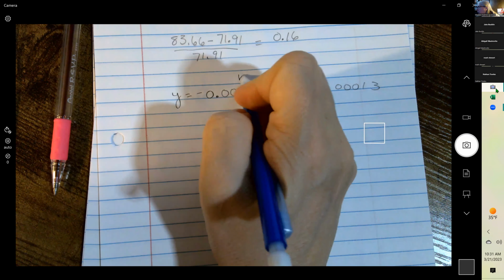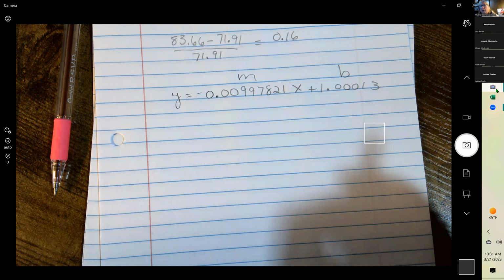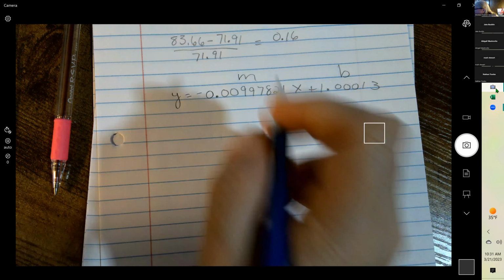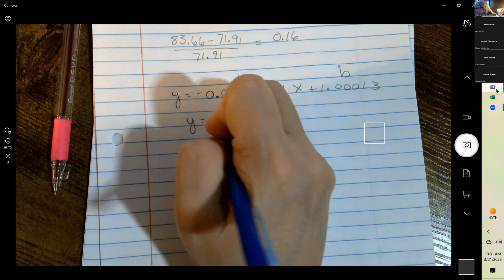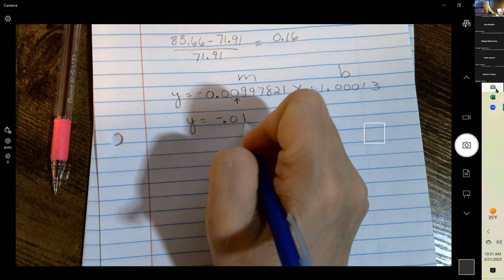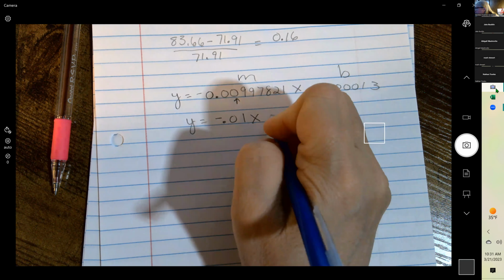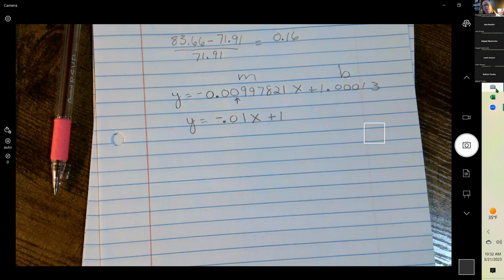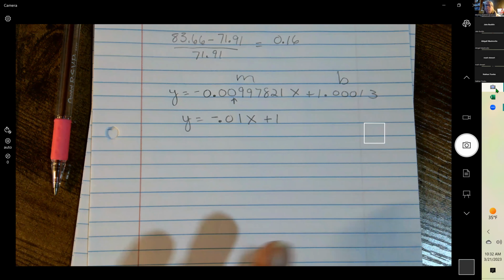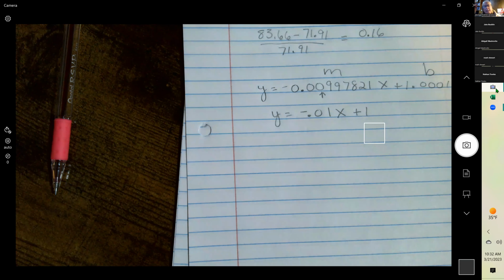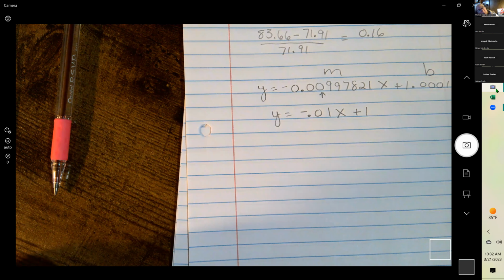This is our m and this is the b that was given. I'm going to round this a little so we don't have so many decimal places. I'm going to round to here and get a 1. And because there's so many zeros here, I'm going to round to 1. Now, on a test, I would tell you what to round to. If I didn't, it would be up to you.